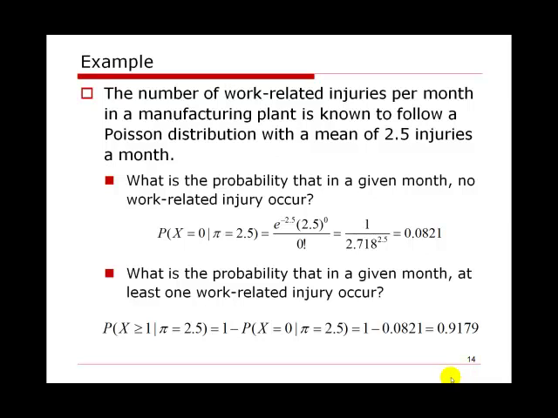And again, we can use 1 minus the probability that no work-related injury occurs to calculate this probability. So we use 1 minus the 0.0821 we calculated earlier to get the probability that in a given month at least one work-related injury occurs, which is 0.9179.